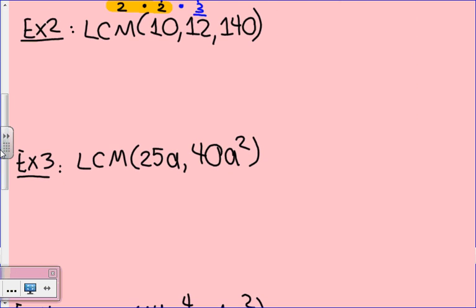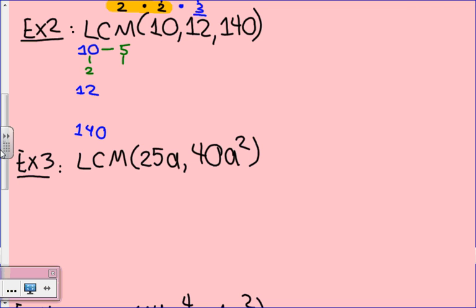Okay, LCM of 10, 12, and 140. So for 10, we start dividing by 2, we get to 5.